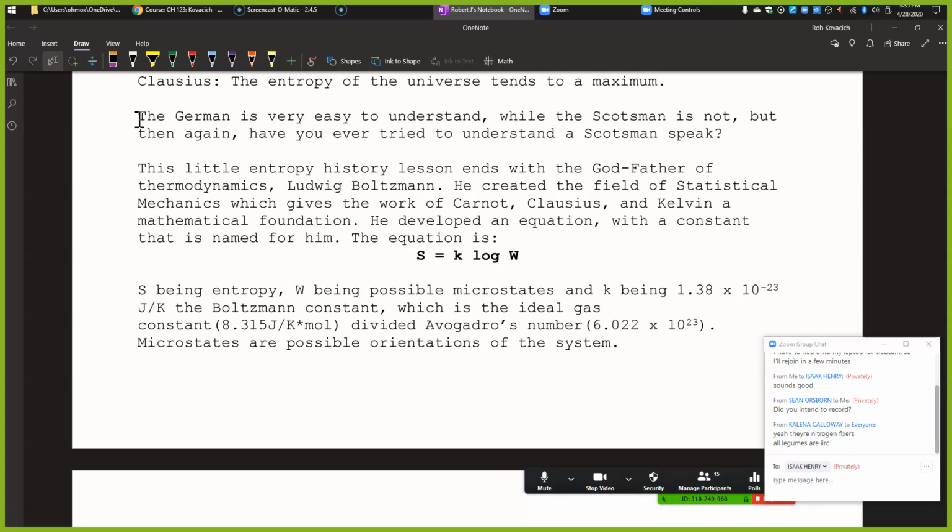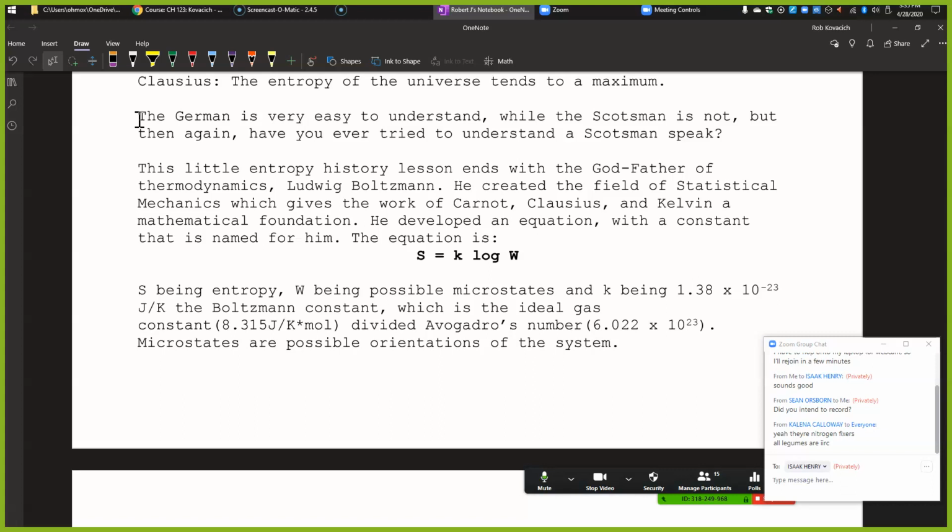Okay, so moving forward, the next person is Ludwig Boltzmann. So Boltzmann is the person who basically takes all of this information and puts it together in a way that you can use mathematically. So you can do calculations based off of Boltzmann's work. He has this equation, and so it ends up being called the Boltzmann equation.